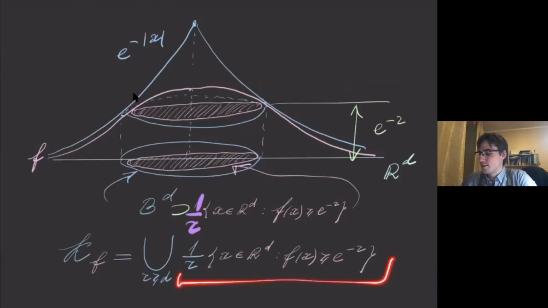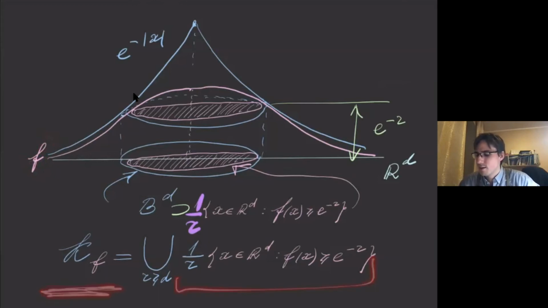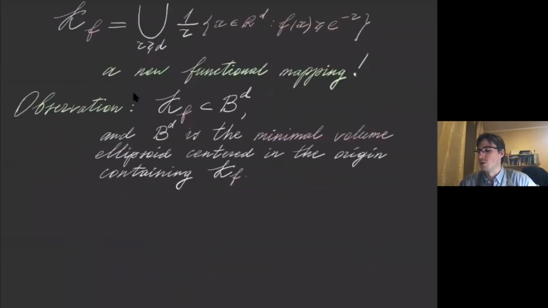All its bricks are contained within the Euclidean unit ball, and just due to this restriction that e to the minus x is the minimal integral function at least f, it follows that the union of these superlevel sets are all contained in the Euclidean ball, and the Euclidean ball is the minimal volume ellipsoid containing this body.